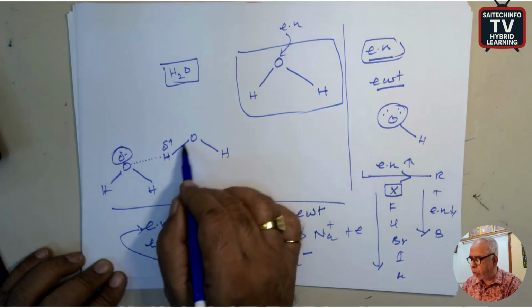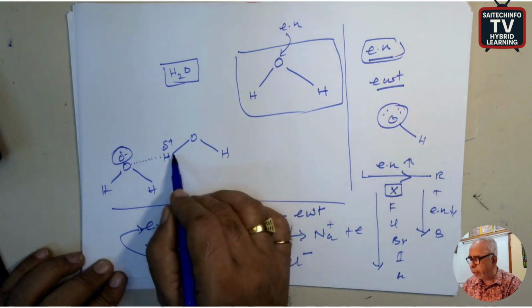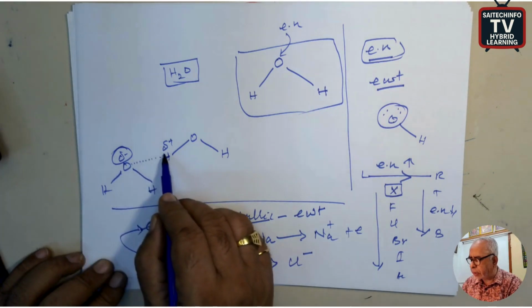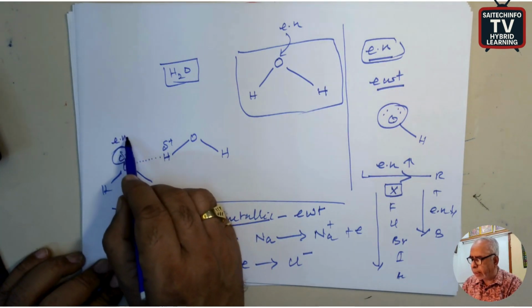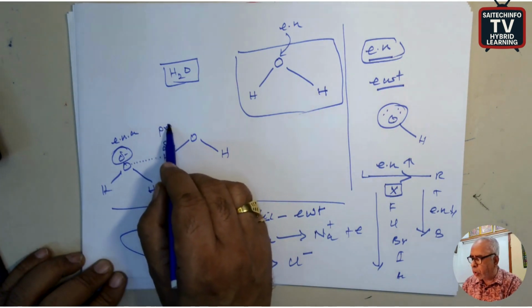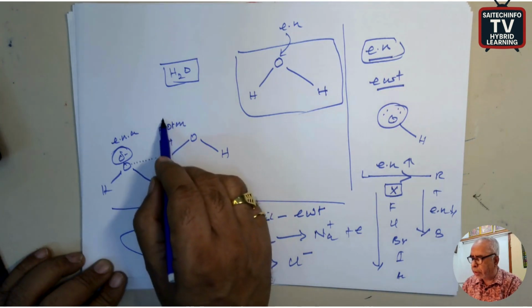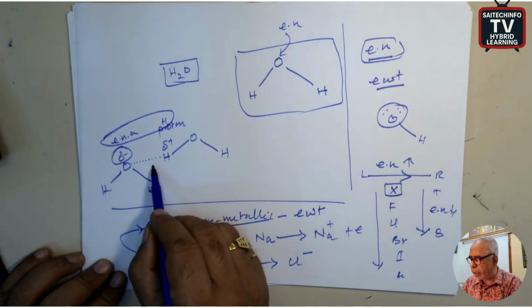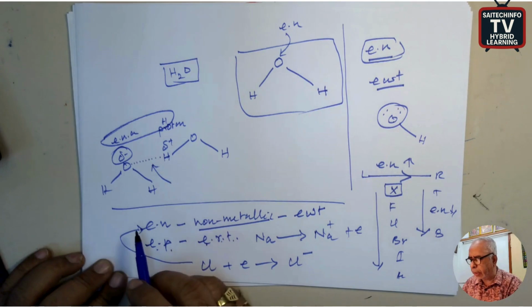It doesn't have a bond of its own after giving a share to the oxygen. And now there is an interaction between the electronegative atom and the nearby proton, here hydrogen, to form a hydrogen bond, indicated by the dotted line here.